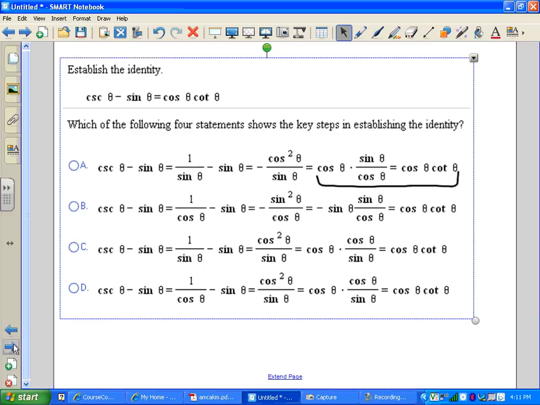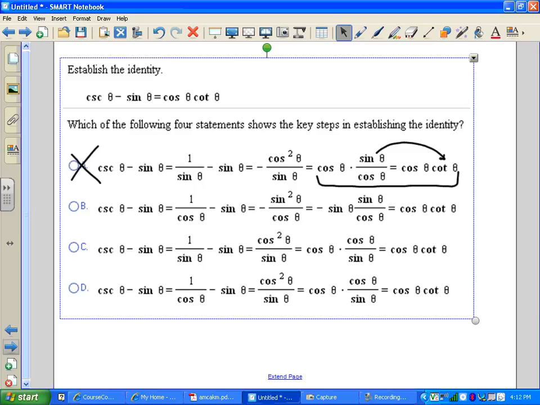Well, what they're saying there is that sine of theta over cosine of theta is cotangent of theta. That's not right. Sine over cosine would be tangent. So A's not working out by the last step.